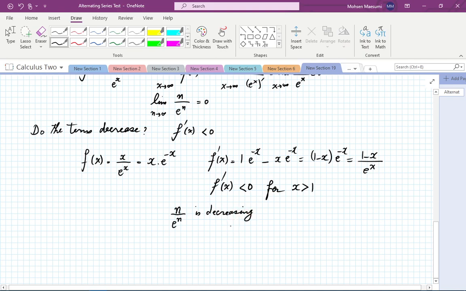Okay, when both of these conditions are met, then we can make the final conclusion that the sum of (-1) to the power of n plus 1 times n over exponential of n is what? Is it convergent or divergent? What do you say? It is, of course, what we have shown is that it is a convergent series. Okay.